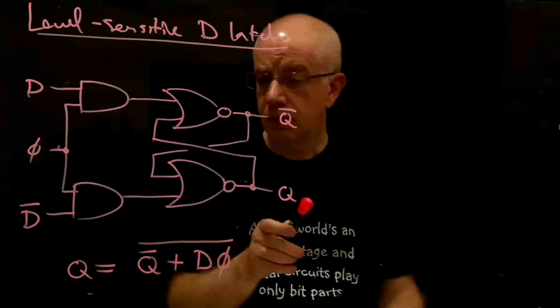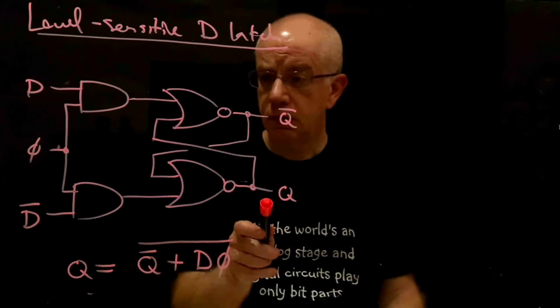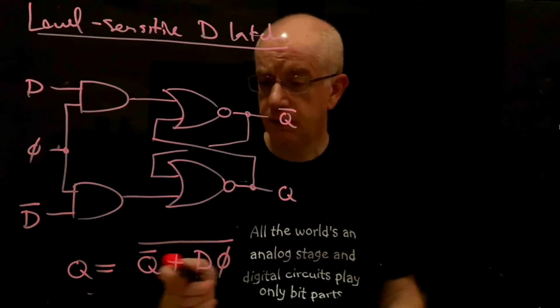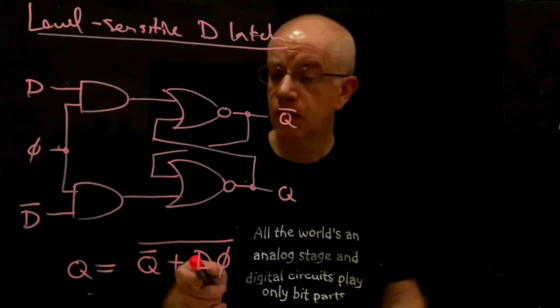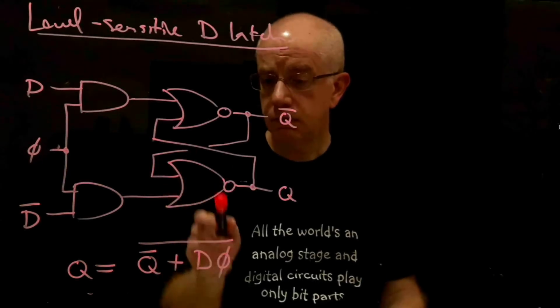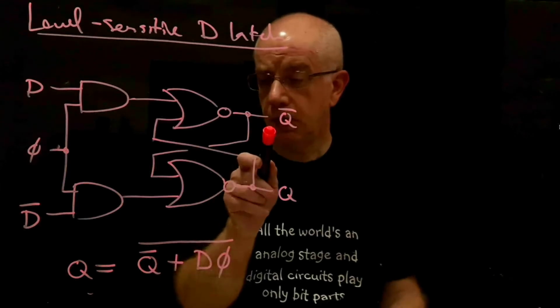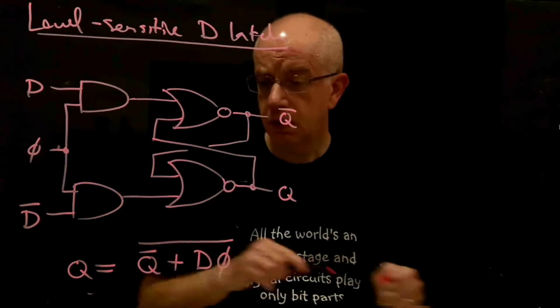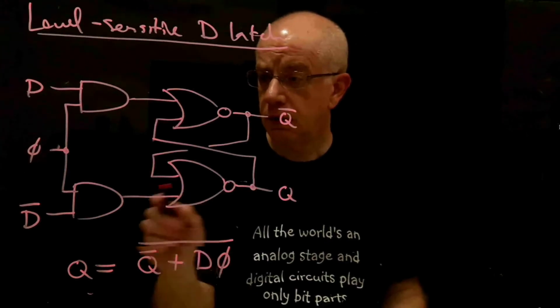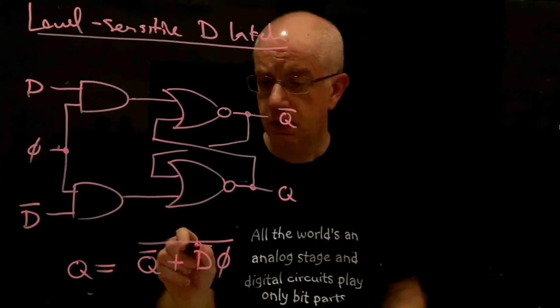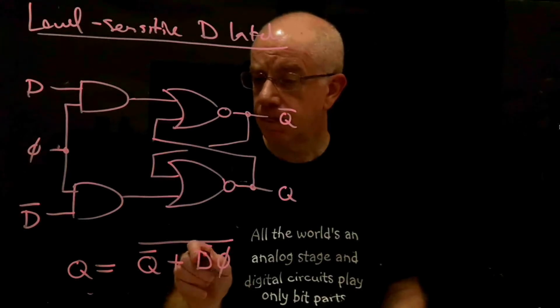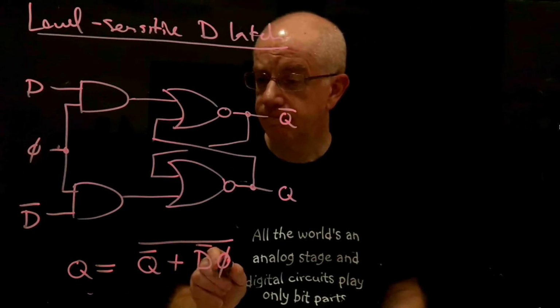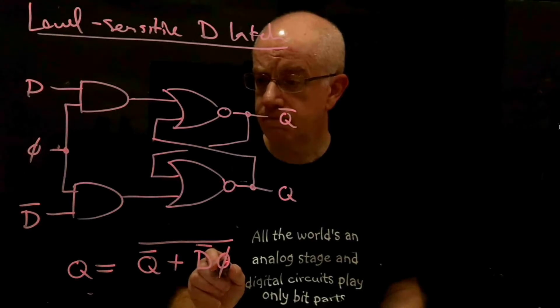So looking at Q, that's the output of a NOR gate, so we've got a 2-input NOR, and 1 input to that NOR gate is Q bar, and the other input is actually D bar and phi. Okay.